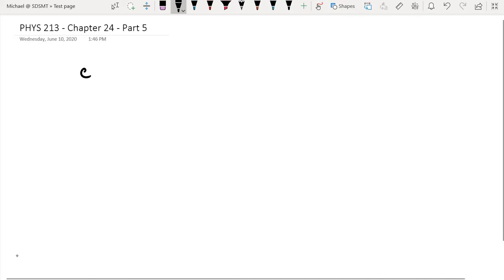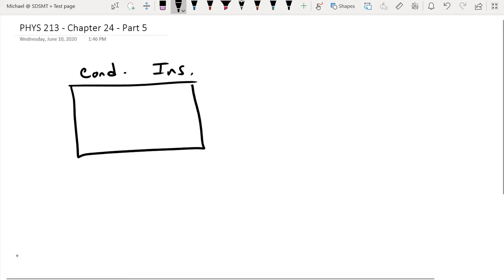By that I mean we can have conducting materials, we can have insulating materials, and those materials can be used to construct solid spheres or solid cylinders, or we can produce spherical shells or cylindrical shells.